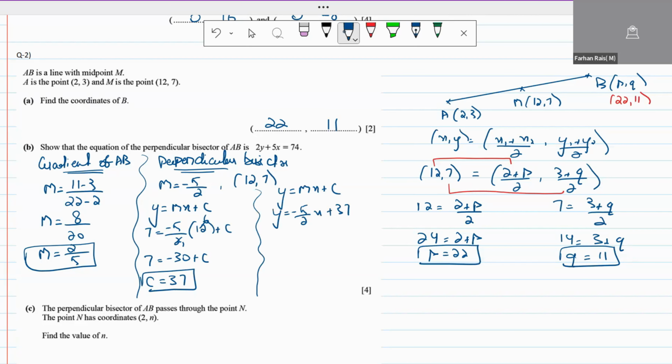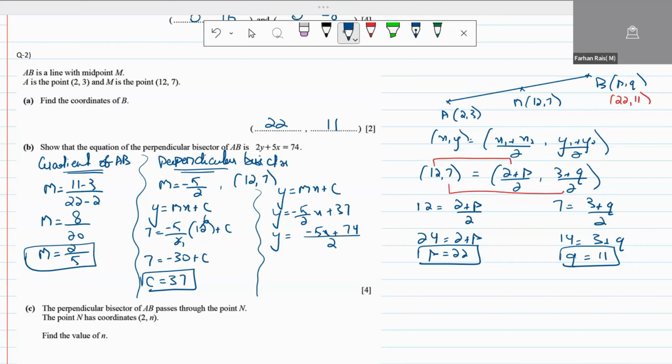So this is the equation of the perpendicular bisector, but the required form is one where we cannot see the fraction. To remove the fraction, we have to take the LCM and then cross multiply. Taking the LCM, we get y equals minus 5x plus 2 into 37, that's 74, all over 2.